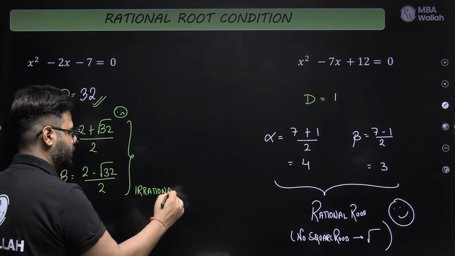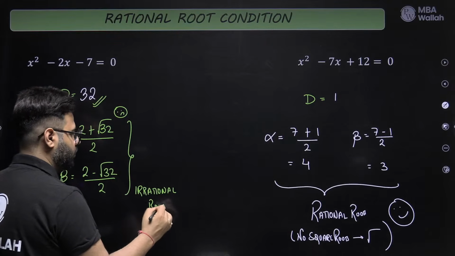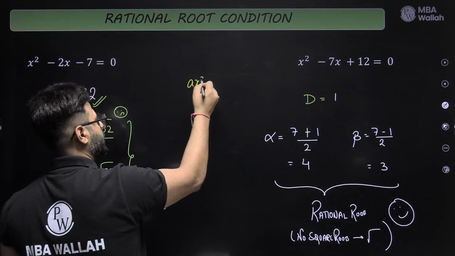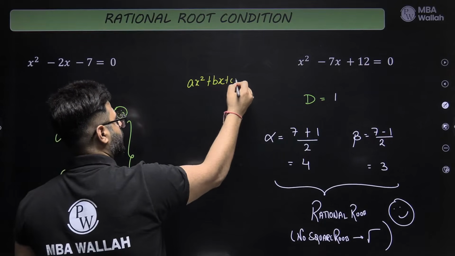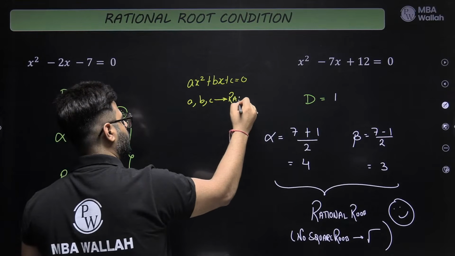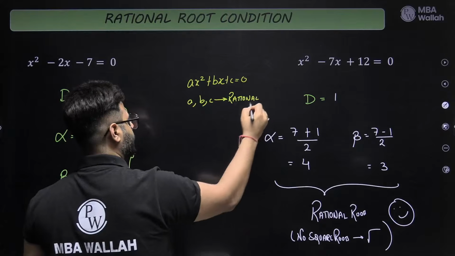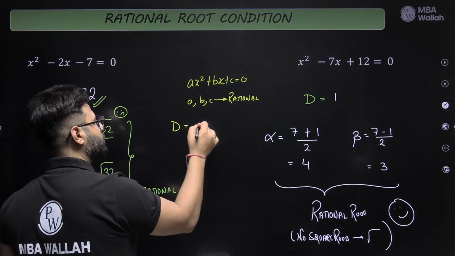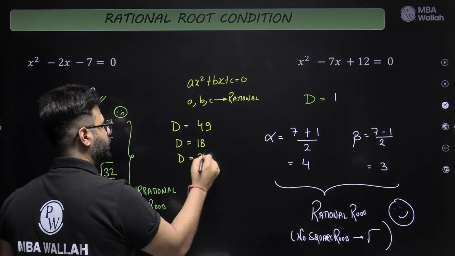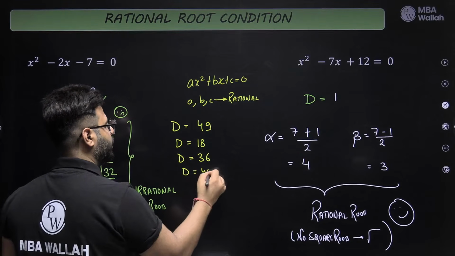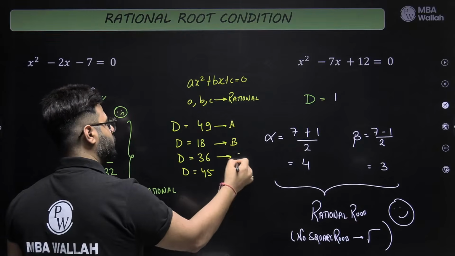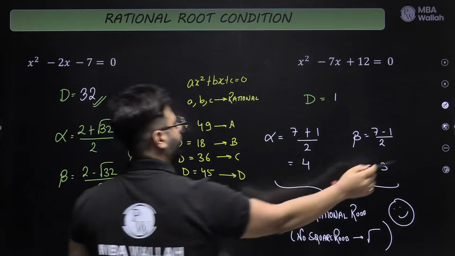Yes or no, guys? So if I tell you that I have one equation ax square plus bx plus c equals 0, I tell you that a, b, c were rational, no square root was seen in them, and if D comes out to be 49, D comes out to be 18, D comes out to be 36, D comes out to be 45, can you tell me in which of these cases you will get rational roots and which of these cases you will get irrational roots?